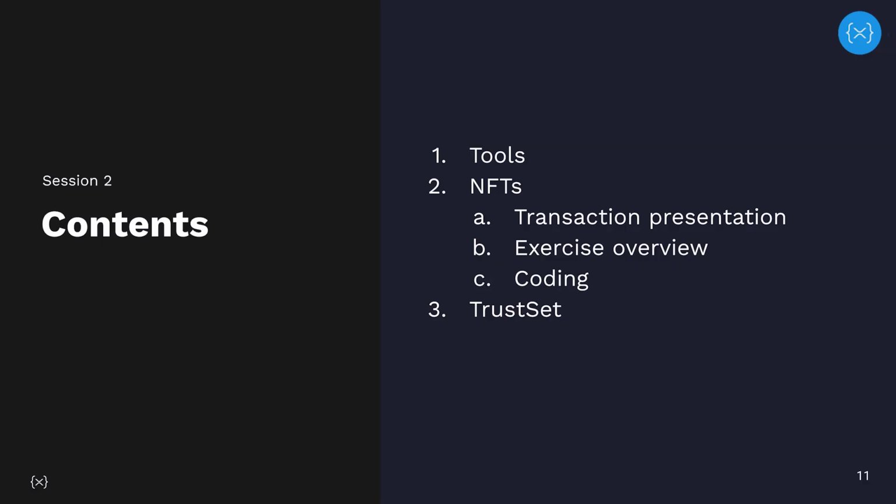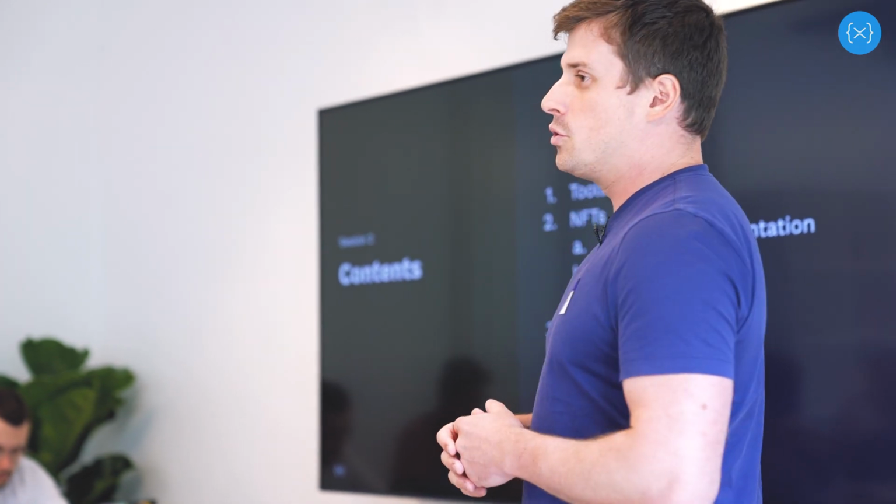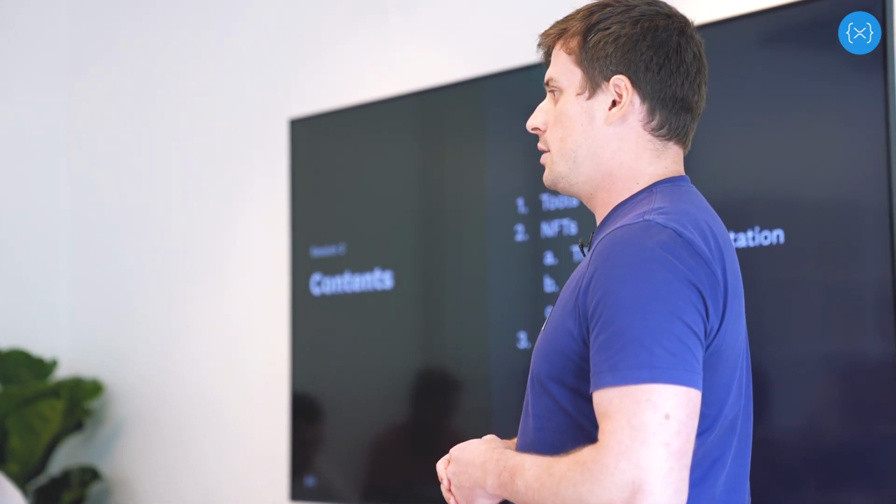So for the content of this session 2, I'm going to present the tools that we're going to use, very similar to session 1. Next, we are going to look at NFTs. We are going to see how we can use transactions to create NFTs and associate them to your account. And finally, TrustSet, which will allow us to create tokens.